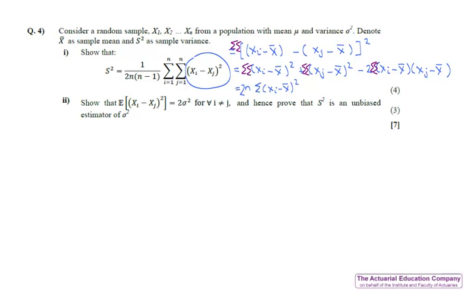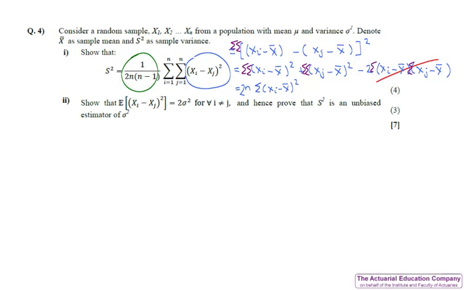So we'll have 2n of the sum over i. The last expression's double summation can be split up as the sum over i times the sum over j, and each of these individual summations is 0, as we'd have the sum of xi, which is equal to n x bar, minus n x bar, and similarly for the second part.